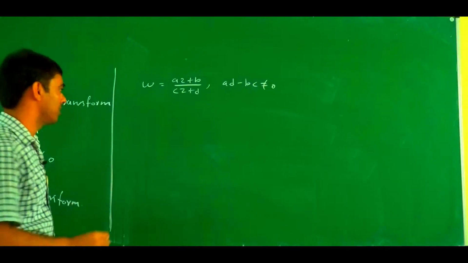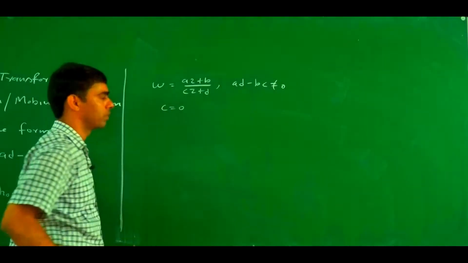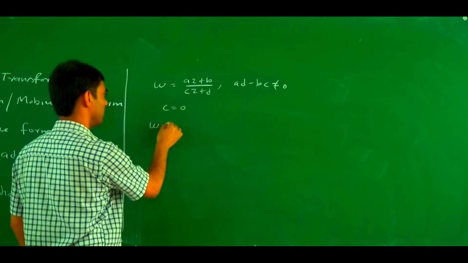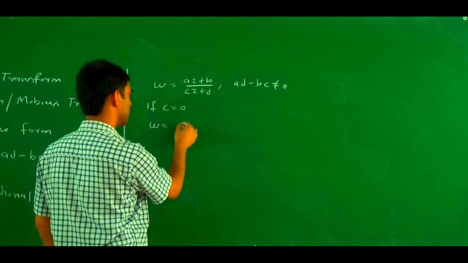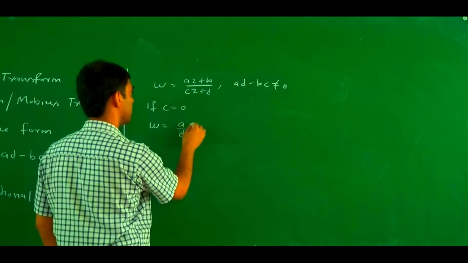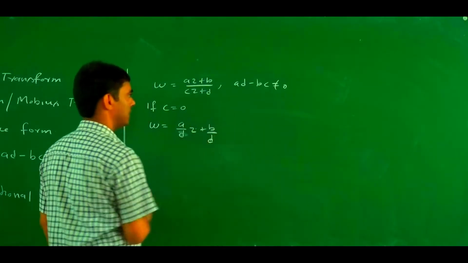Now suppose C equals 0. Then W becomes (A by D) Z plus (B by D).